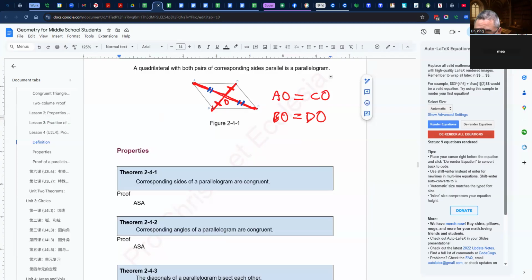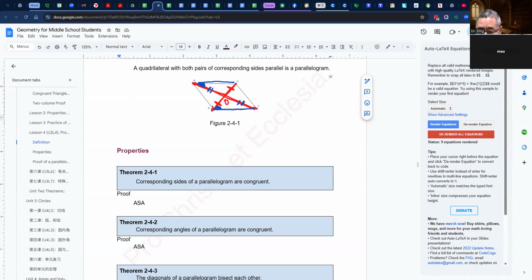Okay, so now we have to prove that this is the case. Well, how do we do that? We're starting with a parallelogram. Because this line and this line are parallel, this angle and this angle are congruent.